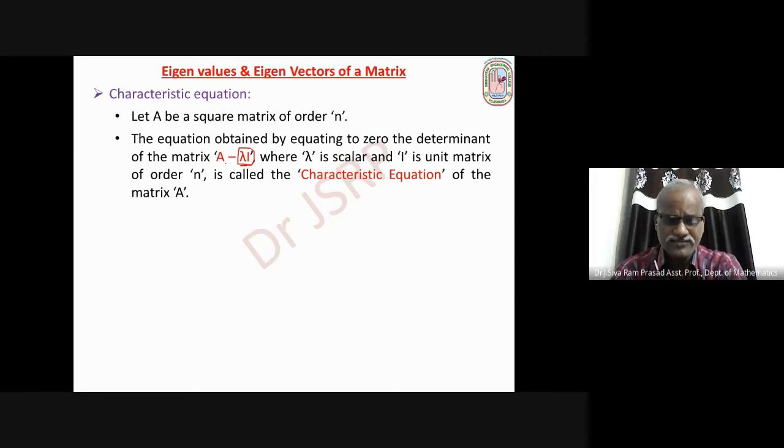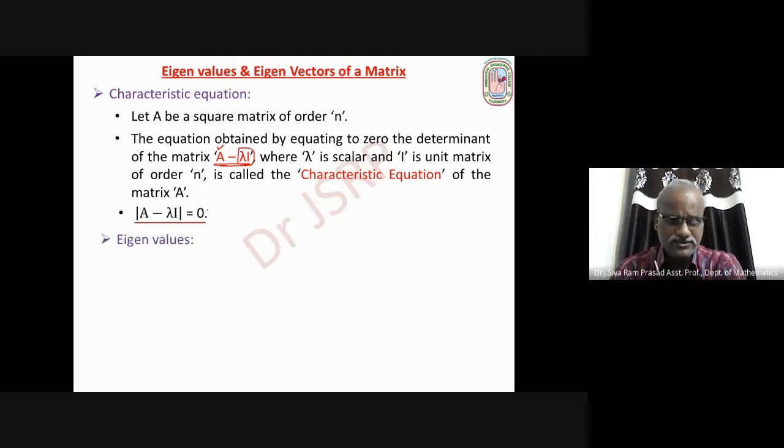Now subtract that from A. That means we subtract lambda from the principal diagonal elements of A and the remaining elements in A stay the same. So we get a matrix which involves a scalar lambda. Find the determinant of that matrix and equate to 0. You get an equation. That equation is called the characteristic equation. That is |A minus lambda I| equals 0. This is the characteristic equation.